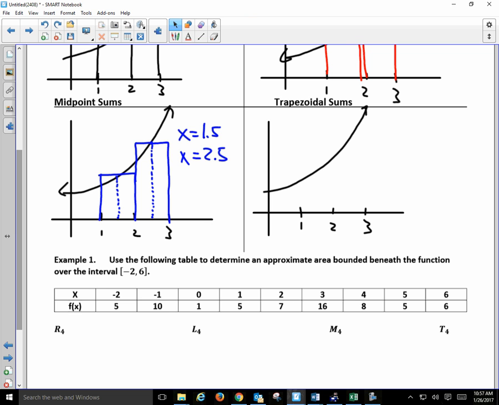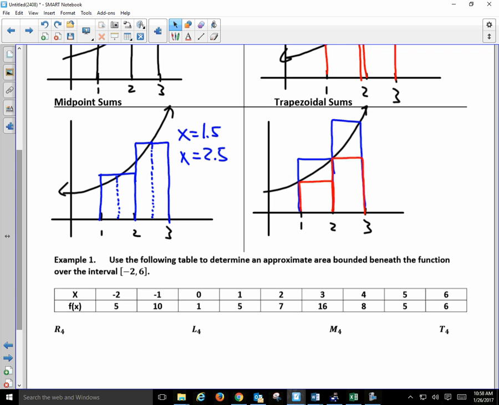I'm going to draw the right-hand sum in blue, and then I'm going to draw the left-hand sum in red. If I were to average the right hand and the left hand, if you look at these two rectangles right here, do you agree that the blue rectangle shares all of the red rectangle?